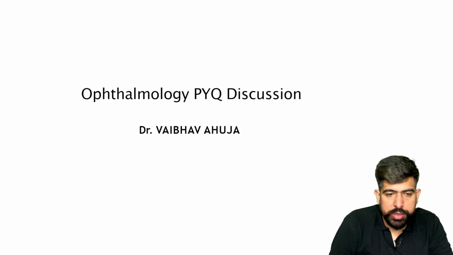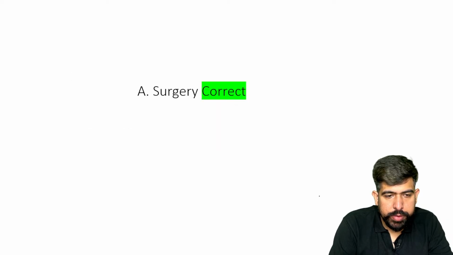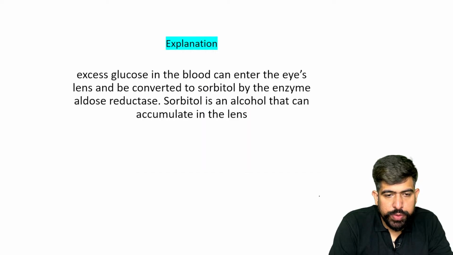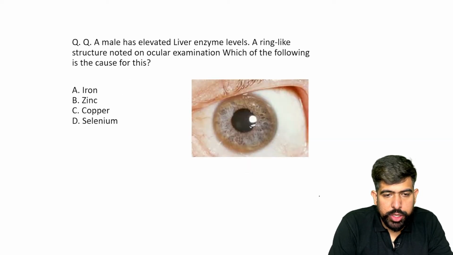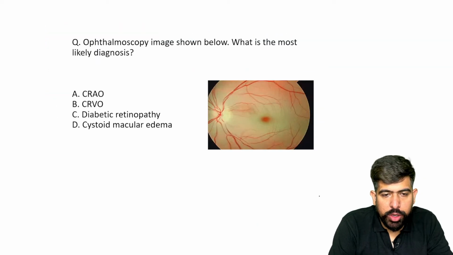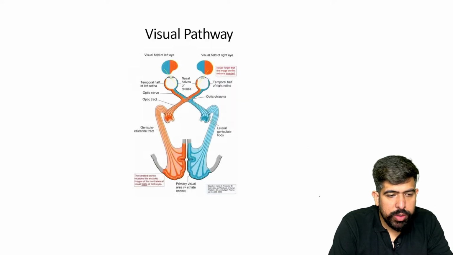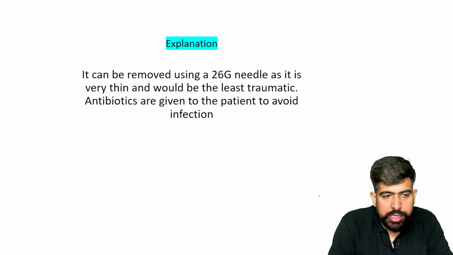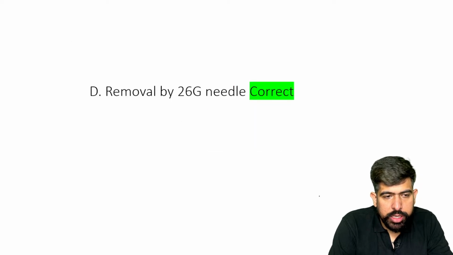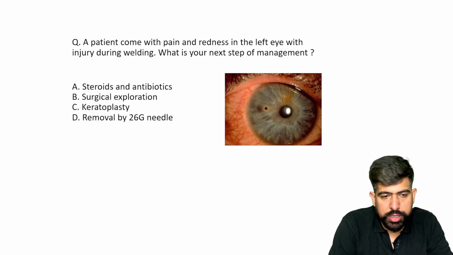Some MCQs which more commonly come into your exam, or we can say some previous year questions are also there. So we have to talk about neuro ophthalmology and some more questions. So let's talk about these questions.